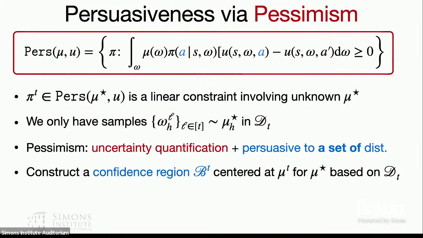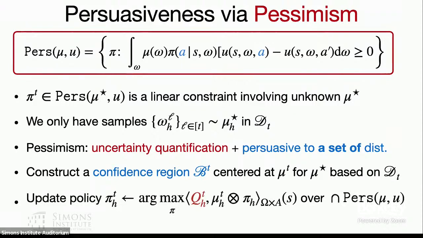Here, the confidence region is denoted by BT, and it can be estimated using, say, a confidence ellipsoid, or a total variation distance ball centered at the empirical mean. Then we update the policy using the greedy policy with respect to the estimated Q function and subject to the persuasiveness constraint. Here, this persuasiveness is with respect to all the candidate prior distributions within the confidence region.